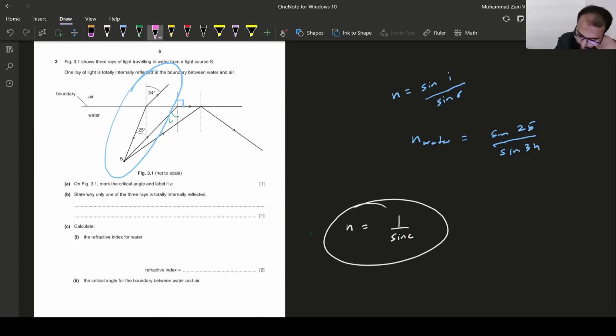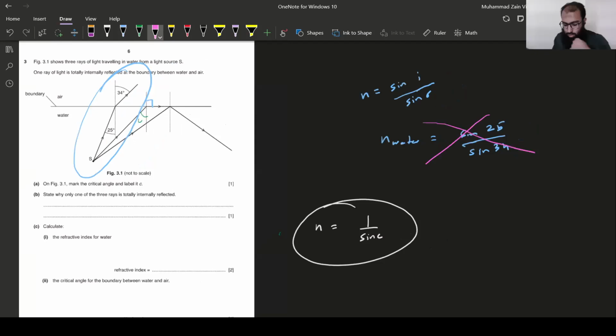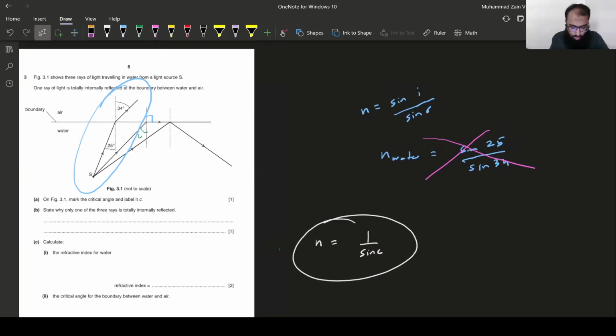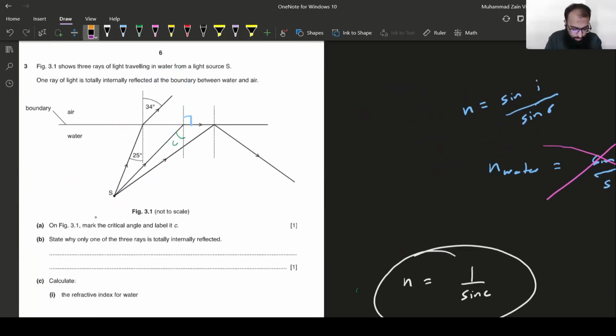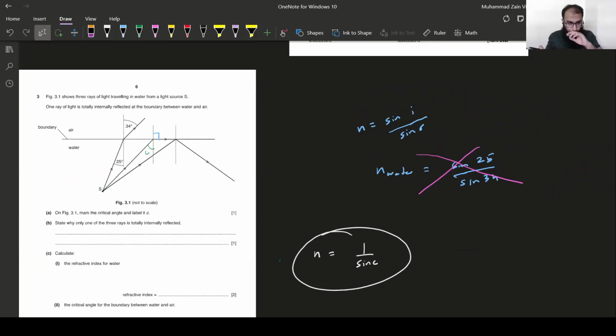The reason this would be incorrect is that the angle of refraction is supposed to be in the medium whose refractive index we're calculating. To explain this in other words, the angle of incidence must not be formed in the medium whose refractive index we need to find.